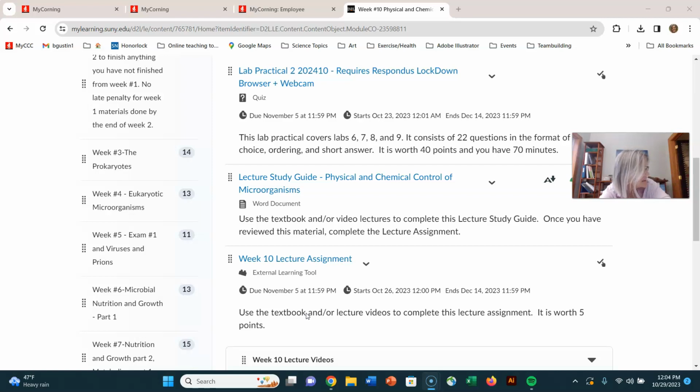And then I'm going to combine one lab from week 11 and 12 and do that for week 12. So I'm not adding any more labs or any more points or anything. I'm just shifting them. Okay. So the only thing you have to do for lab this week is your lab practical. I recommend doing that first.